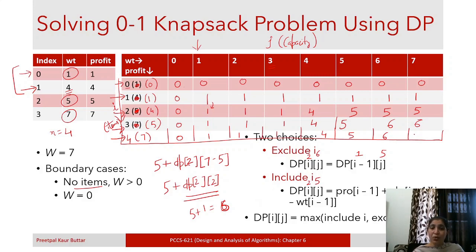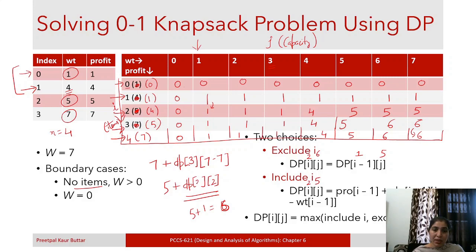When weight is 7, you can or cannot include this item. Okay, so you have two choices. First is excluding this item, so you will copy the solution from the upper cell. The second is you include this item. Okay, so you will earn the profit of this item plus the solution to the previous subproblem, that is dp3 with the weight left in the knapsack, 7 minus the weight of this item, that is 7 minus 7.